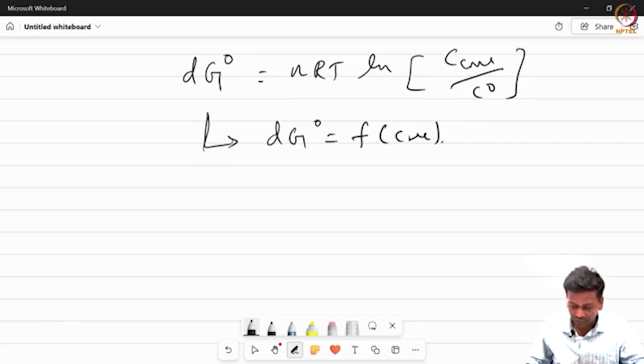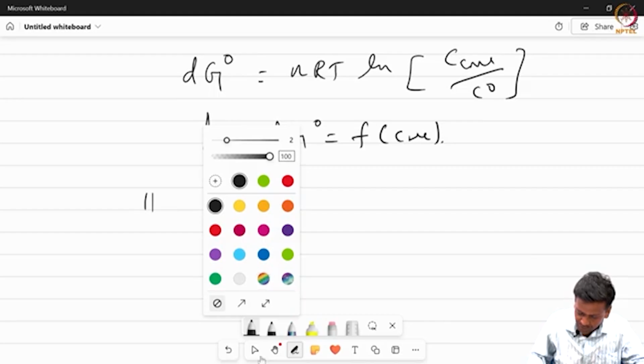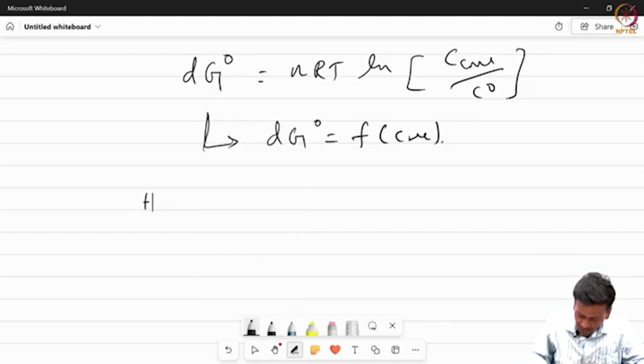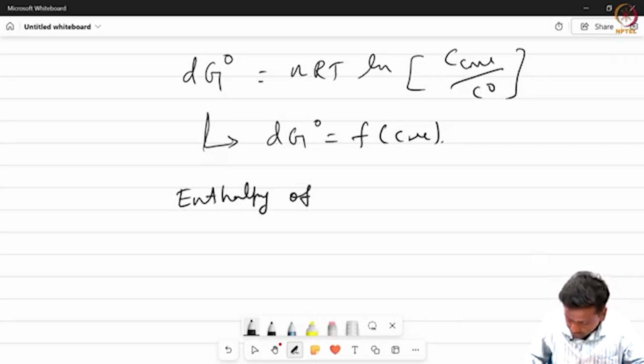Okay, so that is exactly what we have done so far. Now we will look at the enthalpy of micellization.